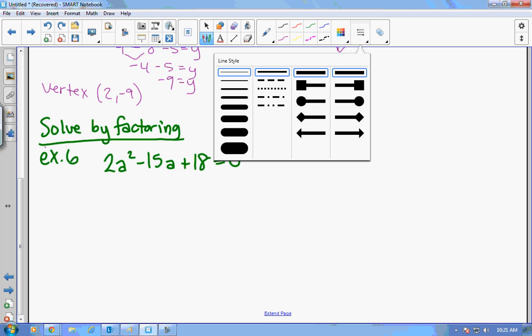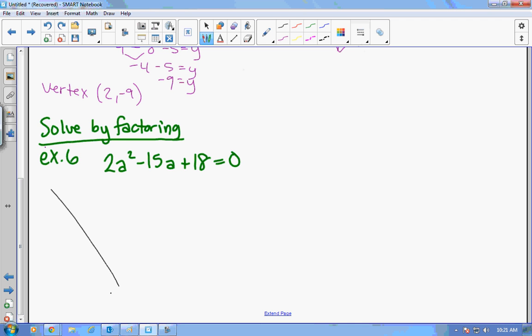Okay, the X box. What goes on the top? What do we look to multiply to, Jamie? It's 2 times 18, which is 36. And we are adding to what, Jamie?